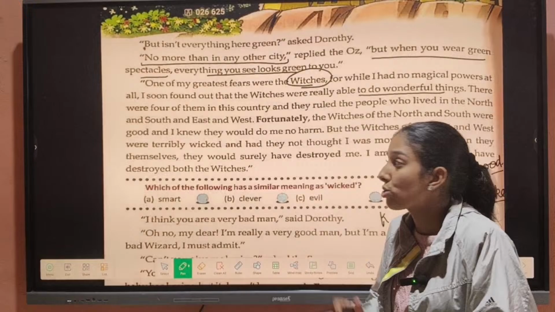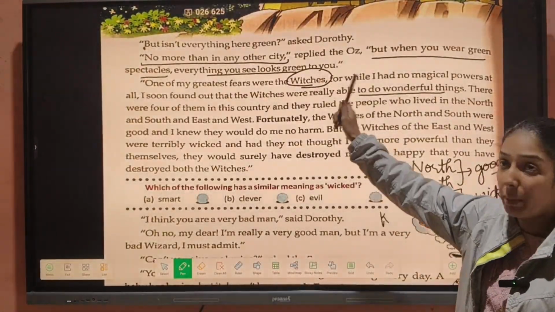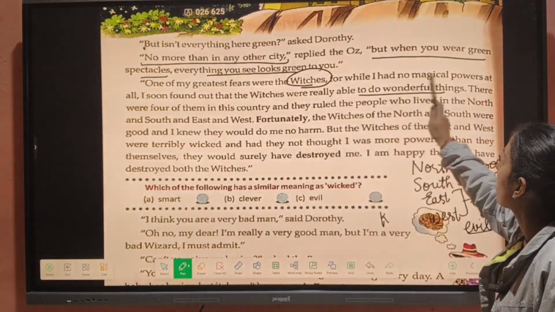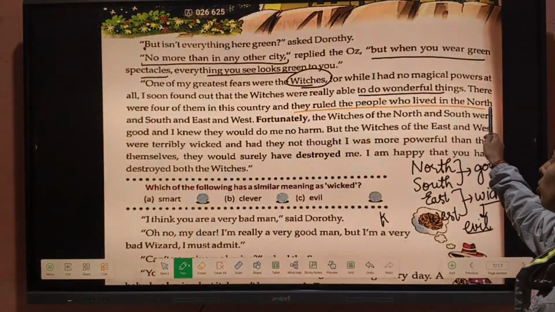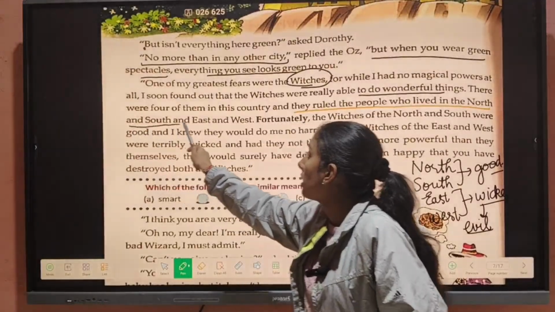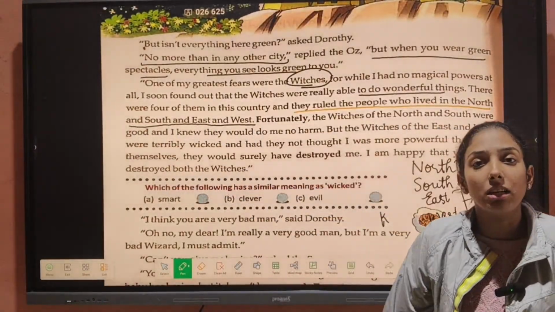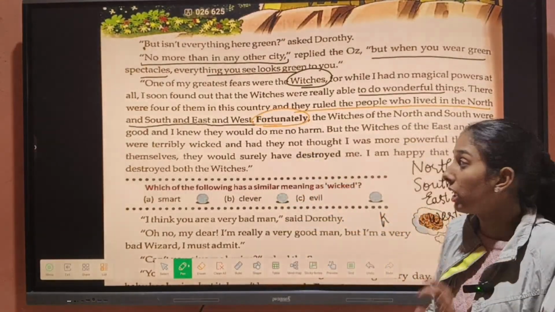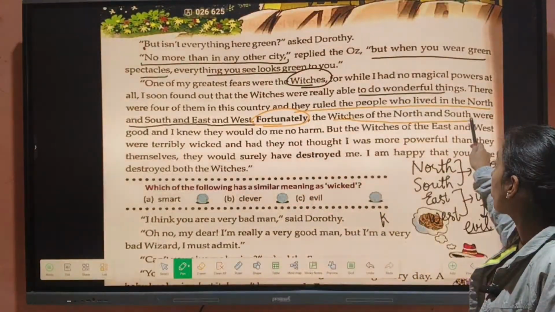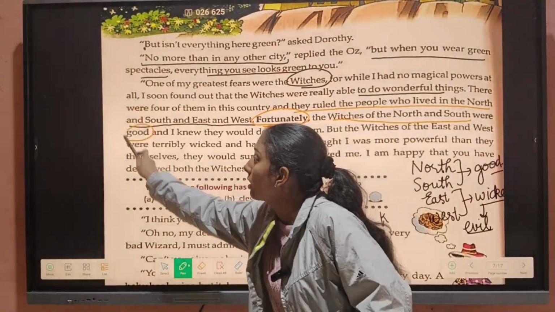So he is telling his story that his biggest fear was witches, and there were 4 in this country, and they ruled the people who lived in the north and south, east and west. "Fortunately," means by good luck. By good luck, the witches of north and south were good.